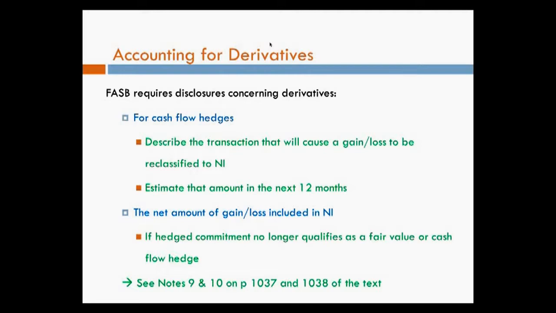And let's see the notes that Pepsi has. It's their notes 9 and 10 related to derivatives. Note 9 just talks about their debts and their commitments, but if you turn to page 1038, it talks about interest rate swaps that it might use.